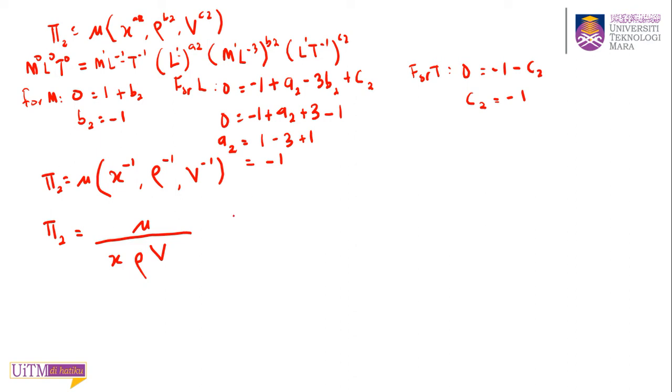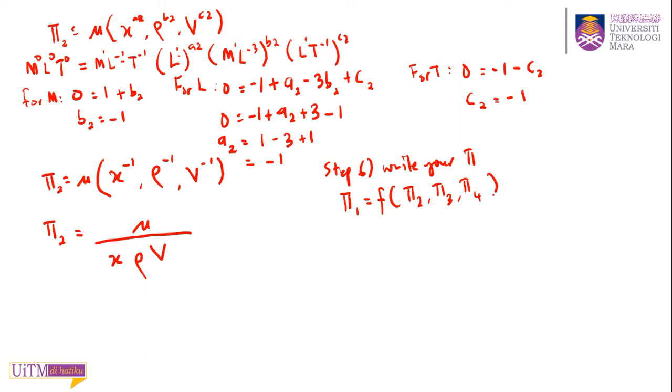Okay, the last step, step 6, is to write your pi function. Remember, the pi function is pi 1 equals f of pi 2, or if you have more pi, it will be pi 3, pi 4, and so on.